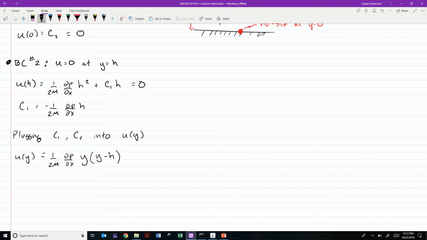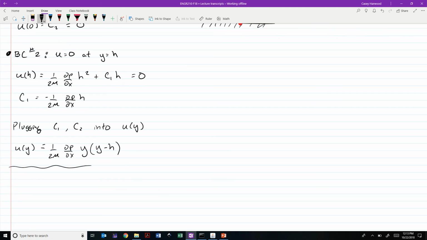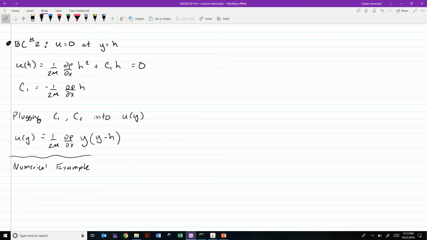So I didn't give us any values for dp/dx or the viscosity, simply because I wanted to concentrate on going through the symbolic derivation of this first. So at this point, it's pretty trivial to say, for example, what if we're dealing with something that has a dynamic viscosity of 1 times 10 to the negative third Newton second per meter squared.